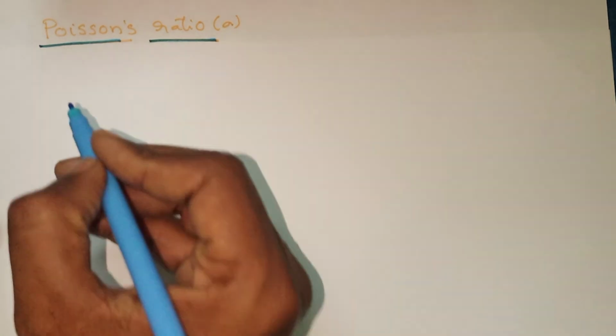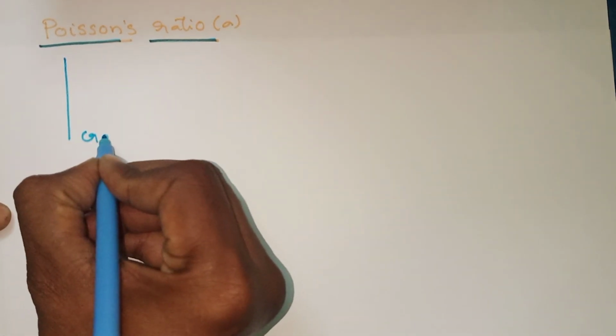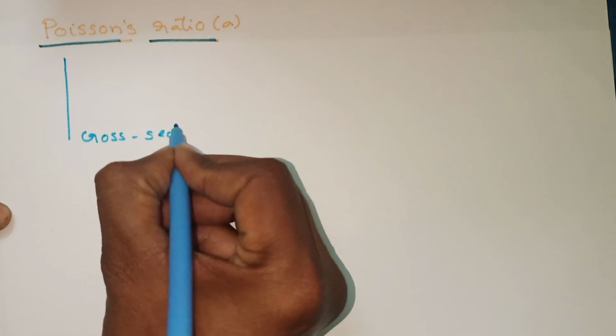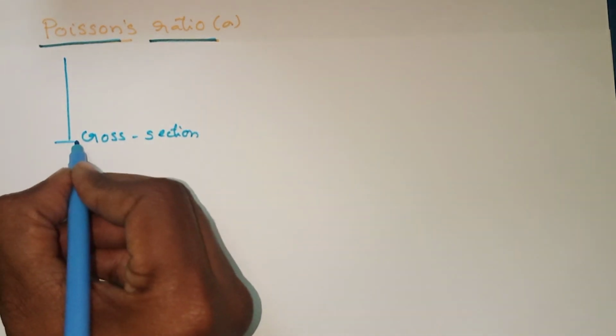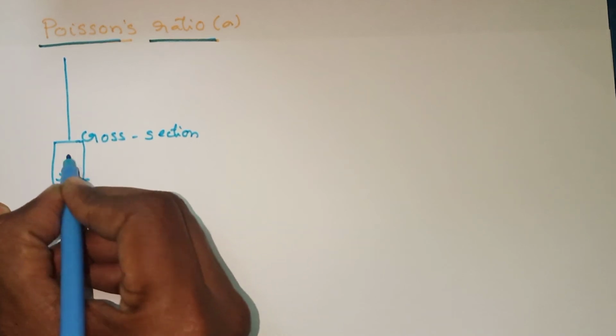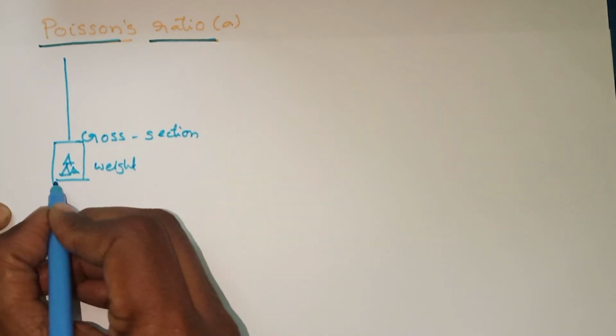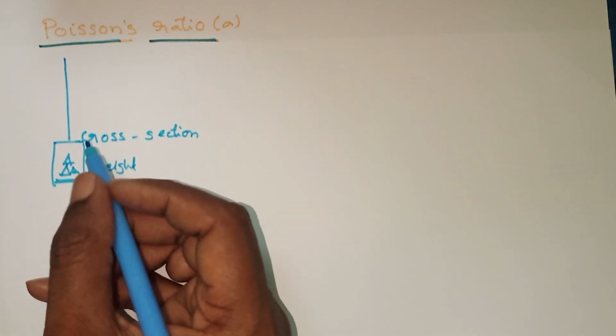Next, Poisson's ratio. Now, how to define Poisson's ratio? This is defined by Simeon Poisson. Basically, we see that a long wire having a cross section, when you apply load, like having weights, within the elastic limit, what happens?